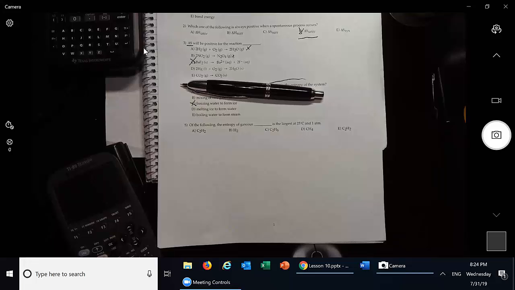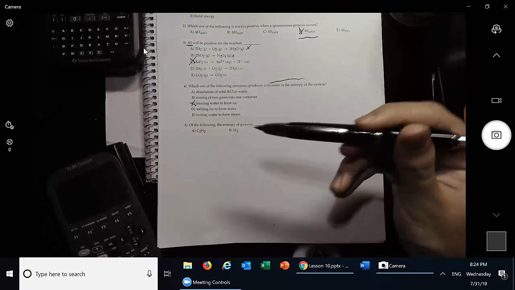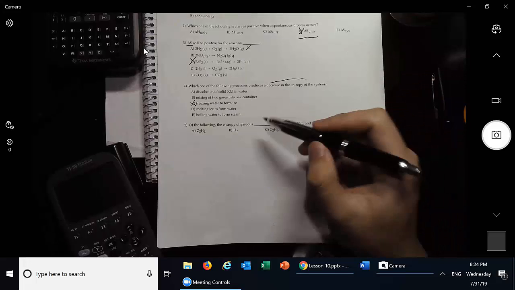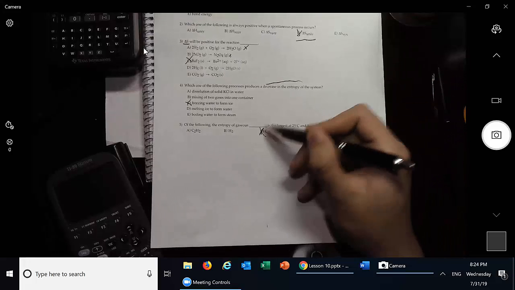So more particles can occupy higher energy levels, which increases disorder. Clearly the most complex molecule here is C. So it turns out C is the correct answer.